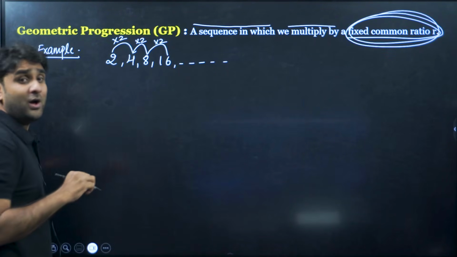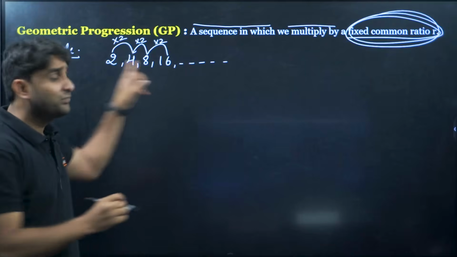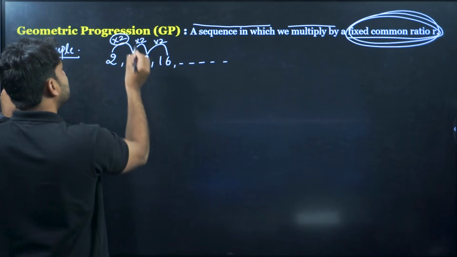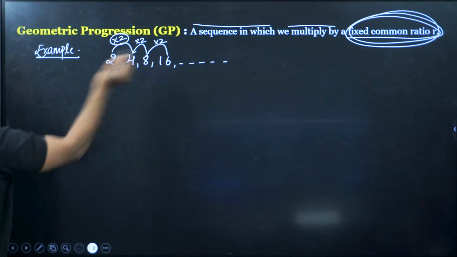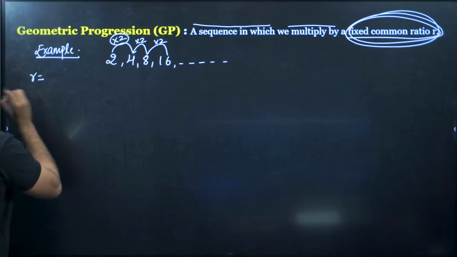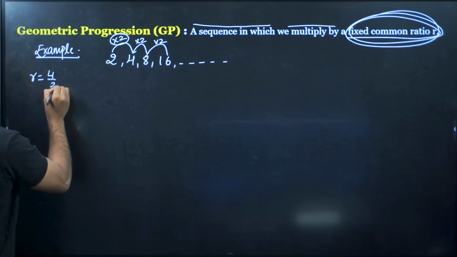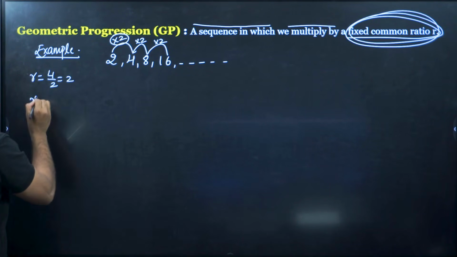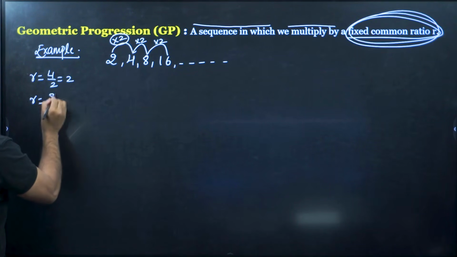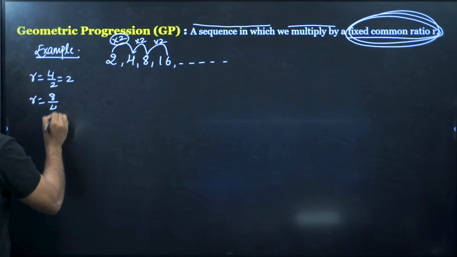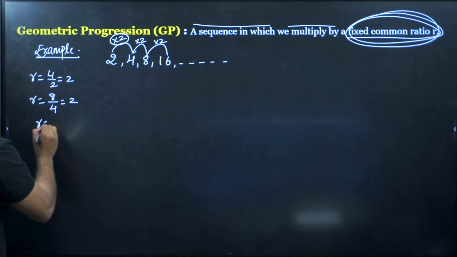Oh wow, it means all the ratios are the same. Common ratio R is equal to 4 divided by 2, which is 2. Again R, 8 divided by 4, succeeding divided by preceding, is always 2. Again R, 16 divided by 8 is 2.